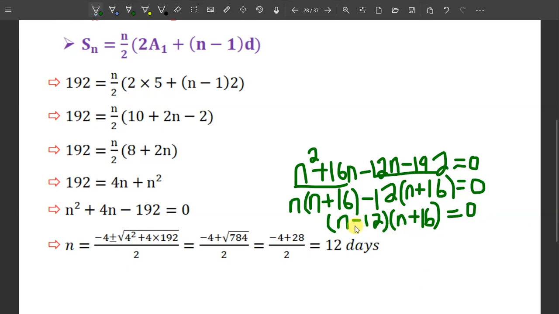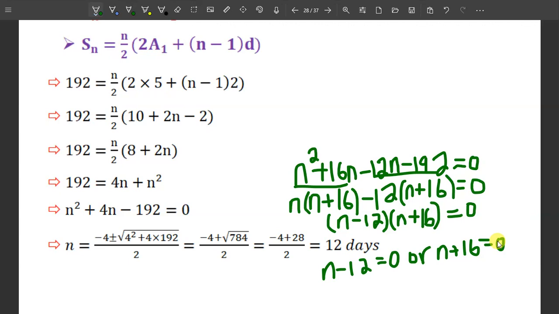Therefore, n minus 12 is equal to 0. Here do not use and, just use or. We call it a disjunction in mathematics. Or n plus 16 is equal to 0. Remember, our n is always positive, since the number of desks is positive or 0.